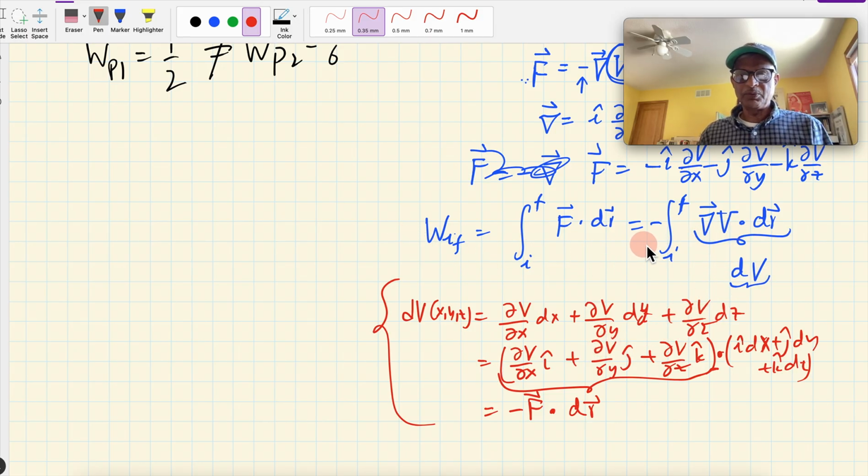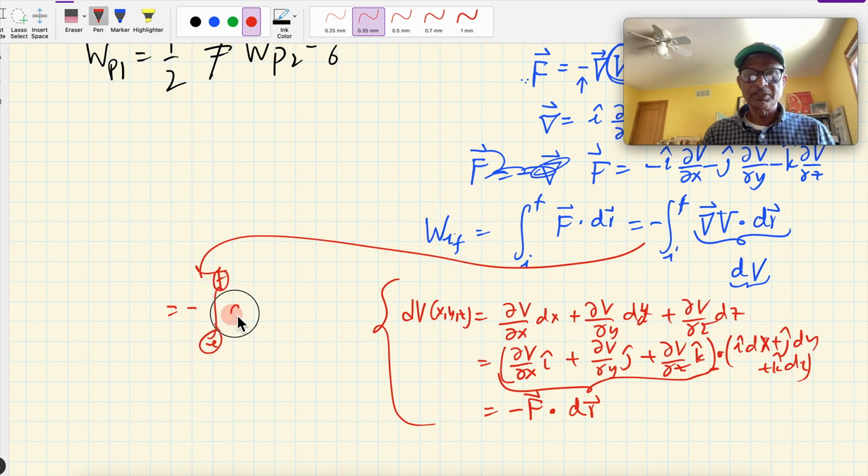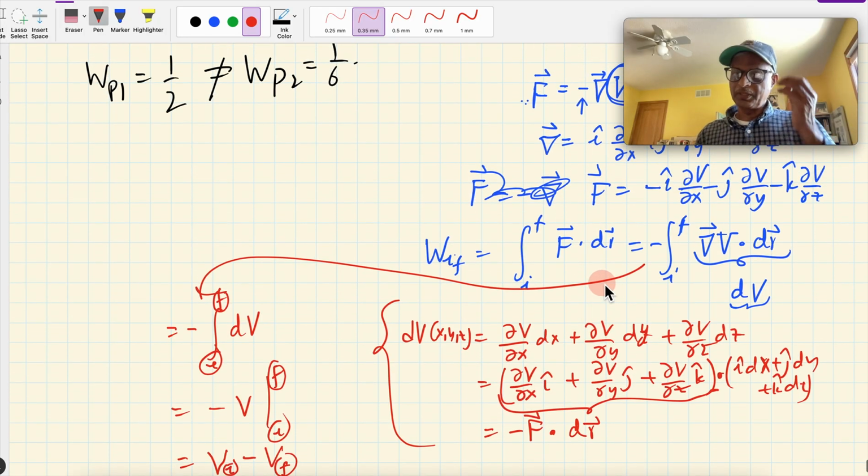So now it's just very simple. V is just a normal function, just a normal variable. So this is equal to minus the integral from I to F of dV, and that's going to be integrated very nicely: V at I minus V at F. And this is how the concept of potential energy comes from.